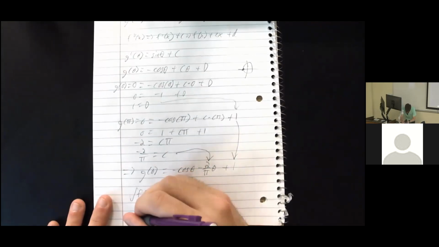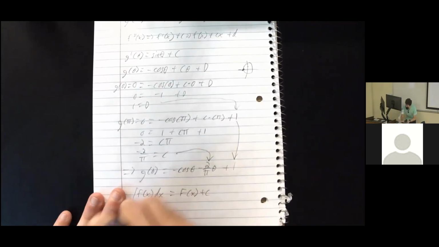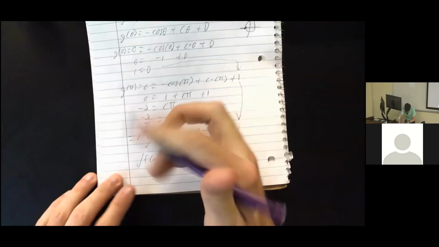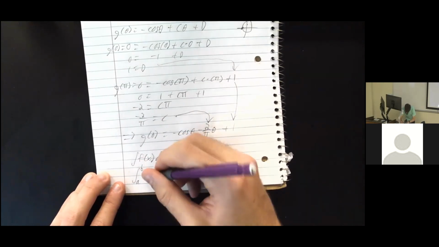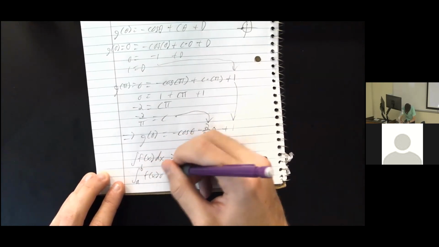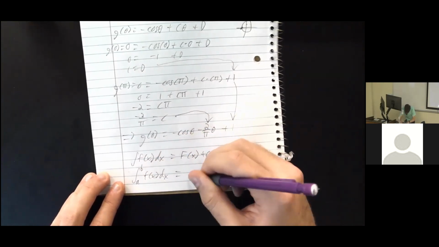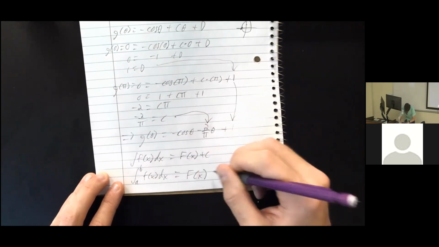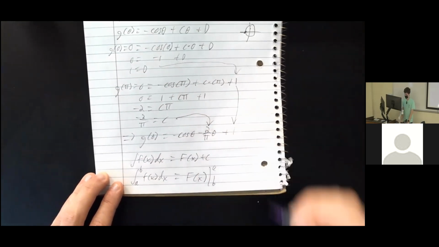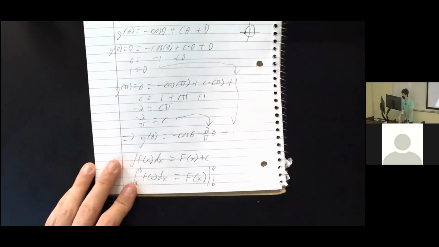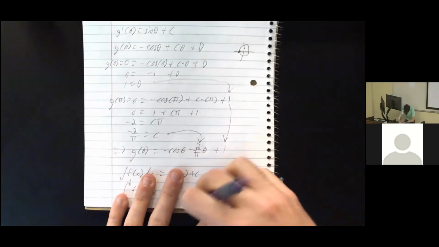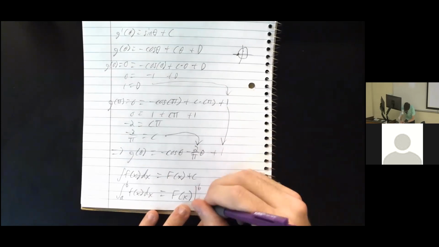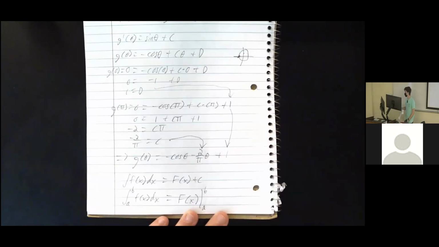Or you can define the integral over some interval, such as a to b, f of x dx equals just F of x, where you plug these values in to get something specific, which you guys will see soon.